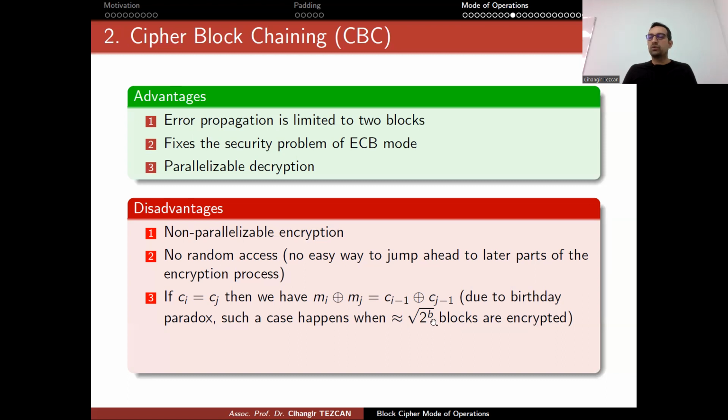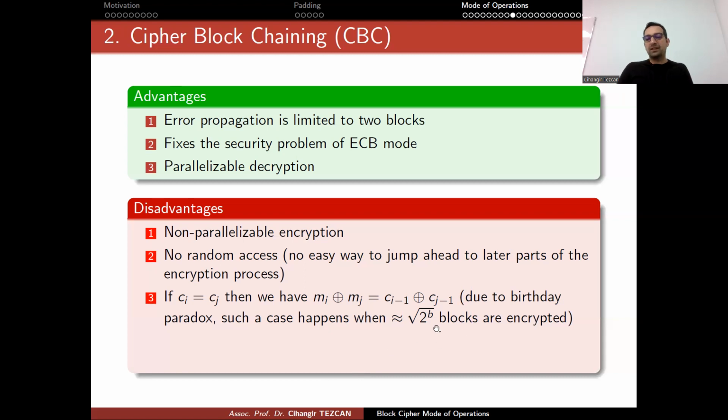For instance, if B is 32 bits, your block size is 32 bits, then performing a small amount of encryption will mean that at some point you will obtain this kind of a collision. So depending on your block size, we might inform you to change your secret key from time to time, depending on how many blocks you encrypted.